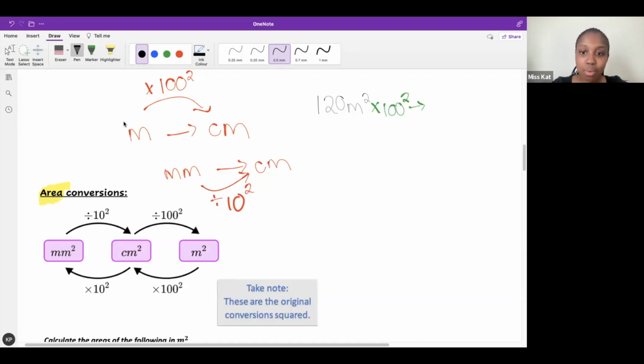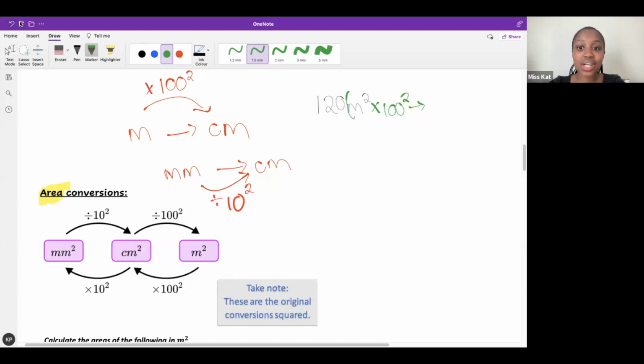Guys, how did we get 144? Did I not say 120? Hey, there's a lot going on here. Yes, Sia? Hi, Sia. Ma'am, I said 120 squared times 100 squared equals 144 million. Wait, Sia. Remember, in area, it's the unit that is squared.